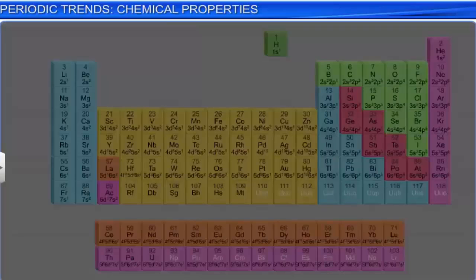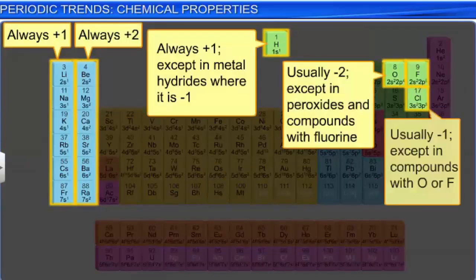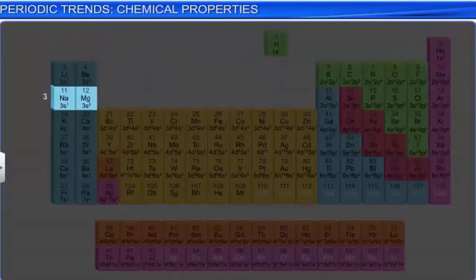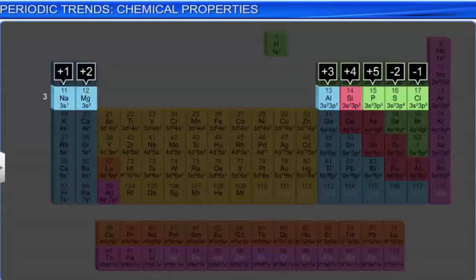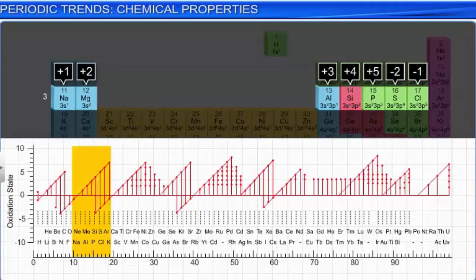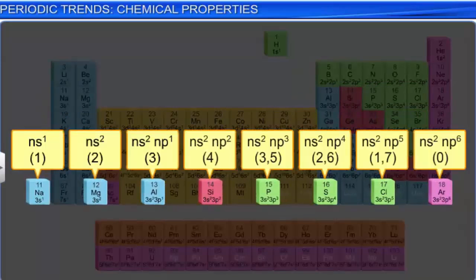Some elements always have the same oxidation state in their compounds, with few exceptions. As we move from left to right in the periodic table, the oxidation number of the elements first increases and then decreases. As explained earlier, the oxidation number in a group remains constant and depends on its generic electronic configuration.